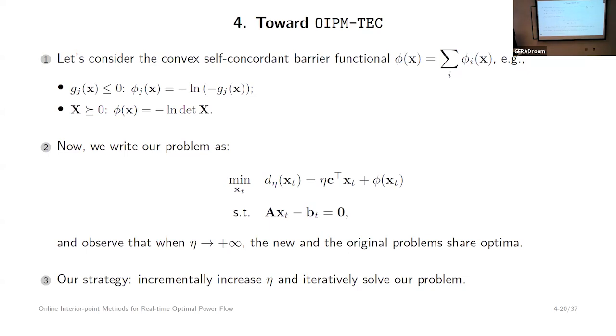And I'll keep the equality constraint. Here we can observe that as eta grows, we'll go back to an optimization problem that shares the same optima as the initial one. So our strategy is to incrementally increase eta while iteratively solving our problem.